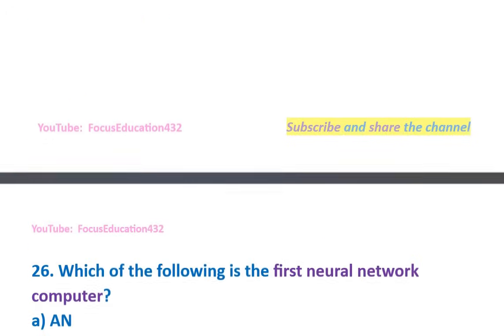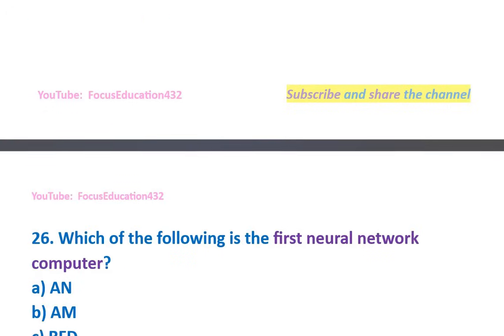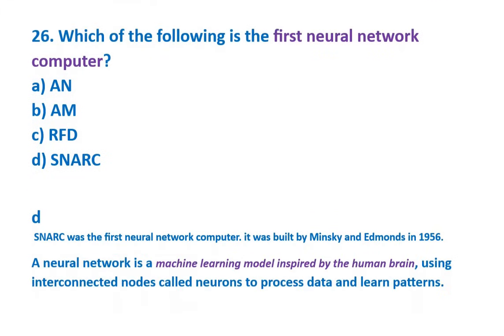Mini means small. So which of the following is the first neural network? It is a very big topic, a new area in the computing field. Just remember the name SNARK as the first neural network computer. A neural network is a machine learning model inspired by the human brain. The human brain contains nodes called neurons.